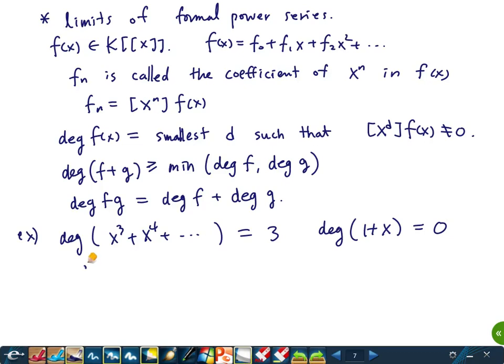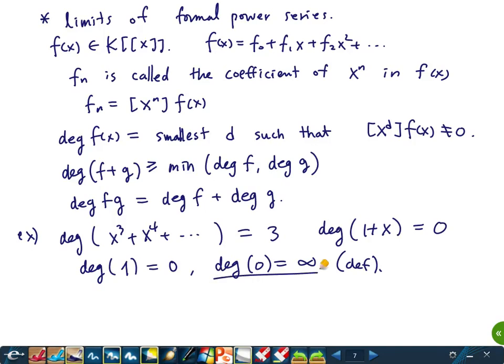Degree of 1? 0. Degree of 0? Yes, in this definition it should be infinity, or does not exist, I don't know. This is just a definition. Just define this to be infinity.